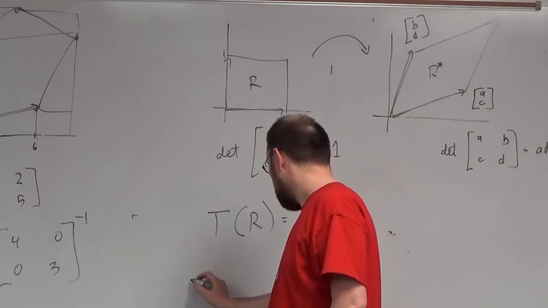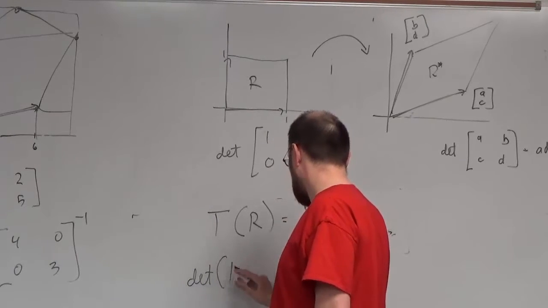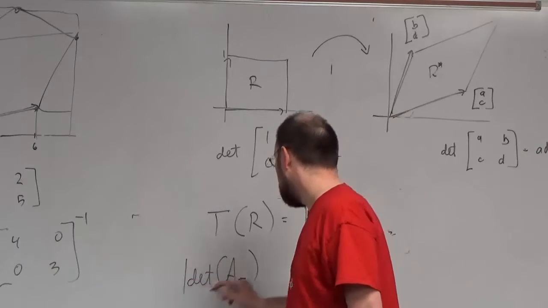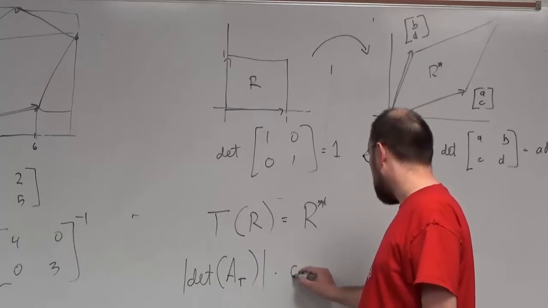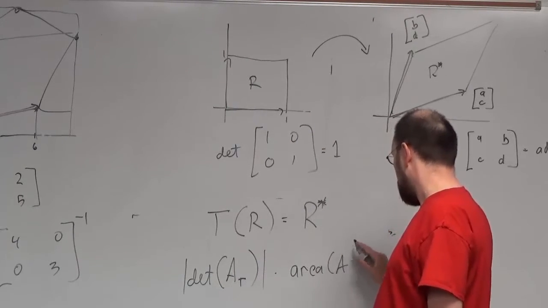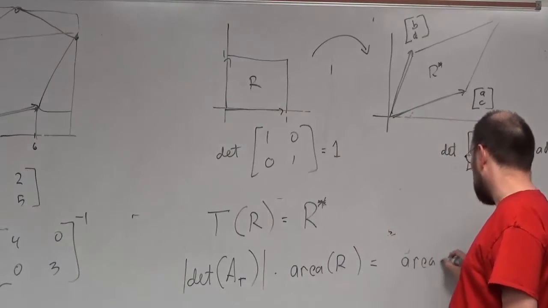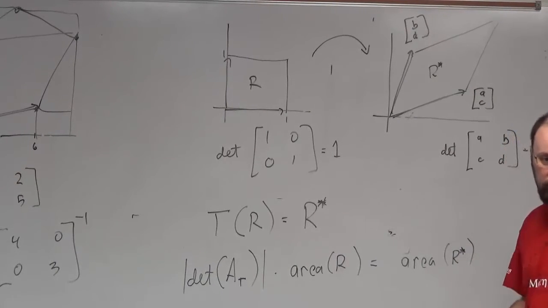And the relationship is this: the magnitude of the determinant of the matrix representing our transformation, the signed area, times the area of the original region is equal to the area of the new region. And if anybody's taking multivariable, this is what we were doing yesterday with the Jacobians, essentially. You said it's the tweak factor, the stretch factor.